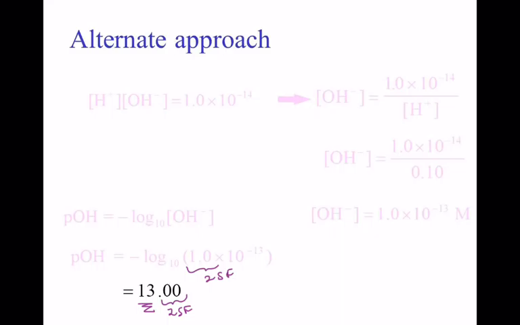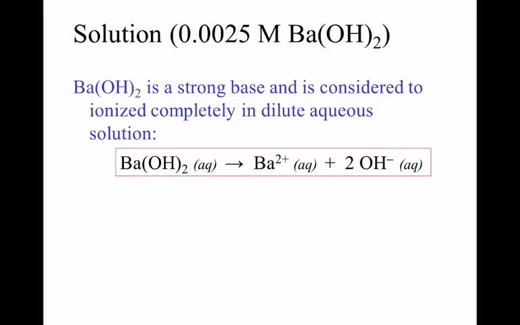Let's do the barium hydroxide. For the barium hydroxide, one of the things you need to recognize is, well, a few things. It's a strong base, and it ionizes completely. Counting on you to know that. And if we say that this is 0.0025 molar, I'm counting on you recognizing that the molar concentration of hydroxide ion would be twice that, 0.0050 moles per liter.